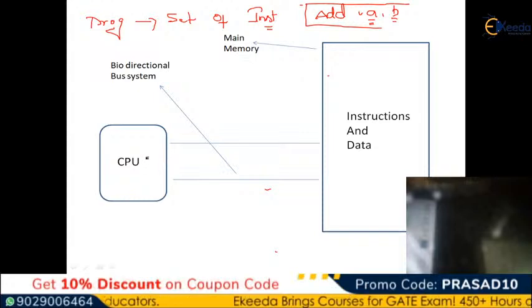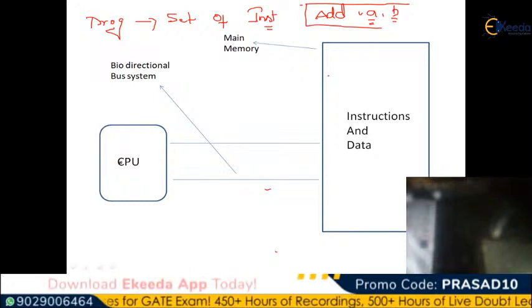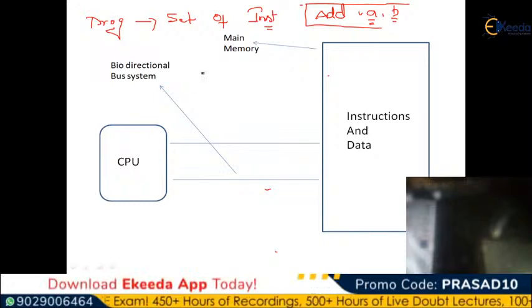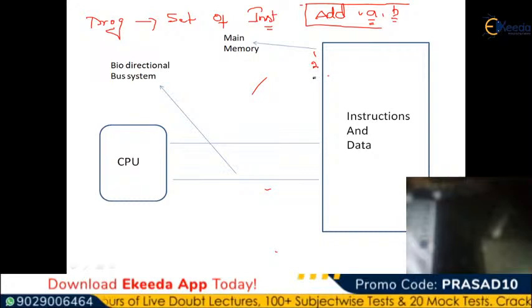Thereby, it will be able to execute. For that reason, we should be able to provide some intermediate storage provision within the CPU to access these instructions one by one. Let us say there is a first instruction here. Let me write it here. There is a first instruction, a second instruction, a third instruction, a fourth instruction.